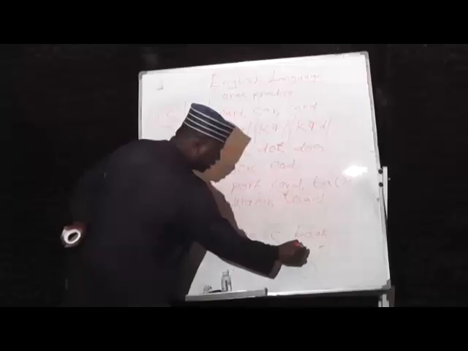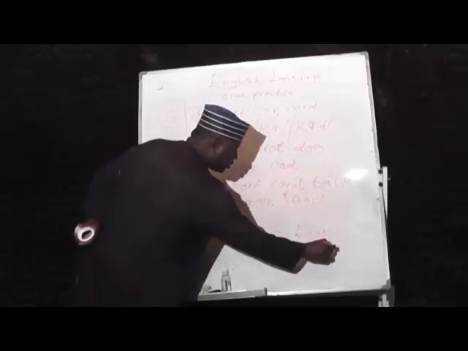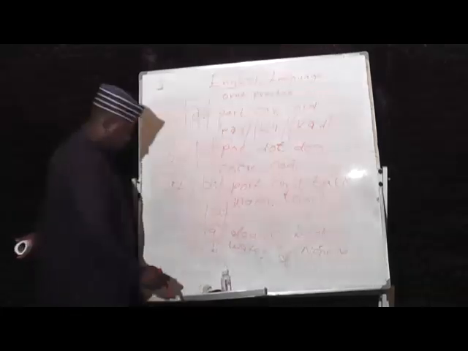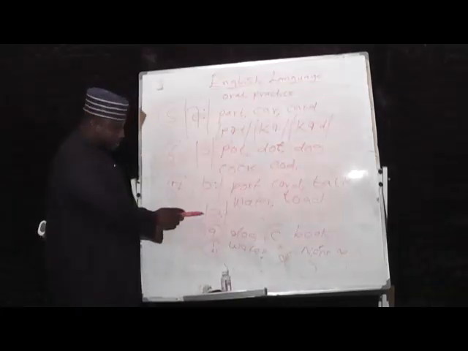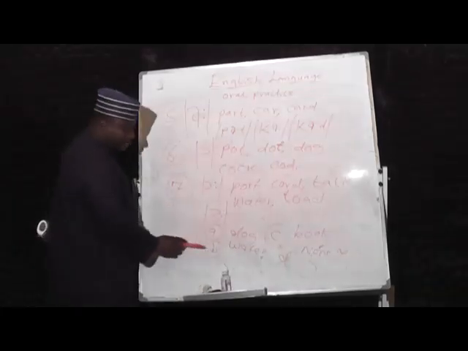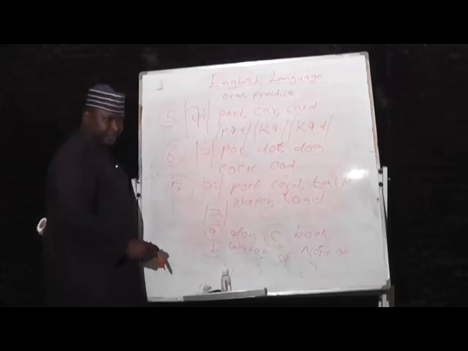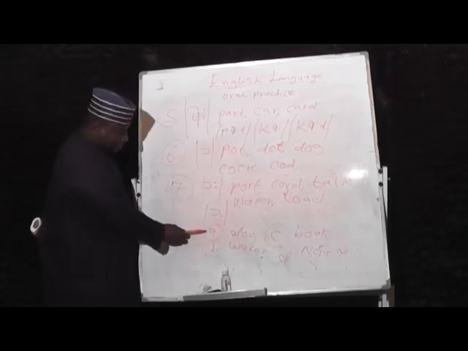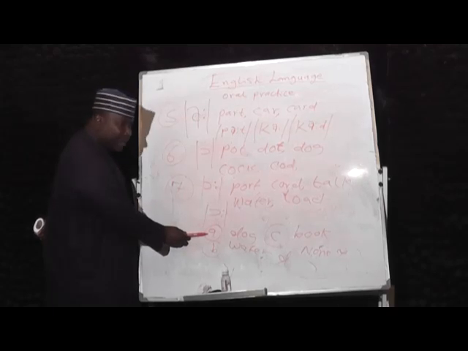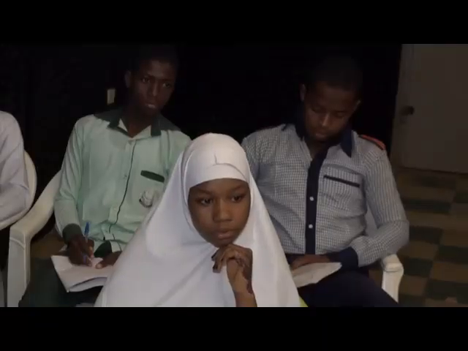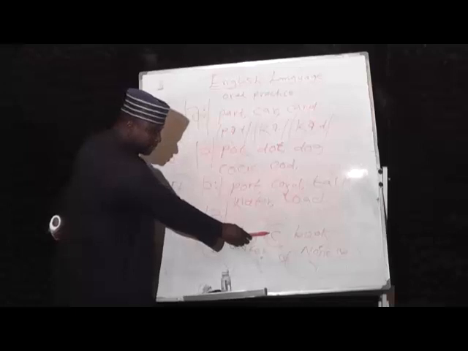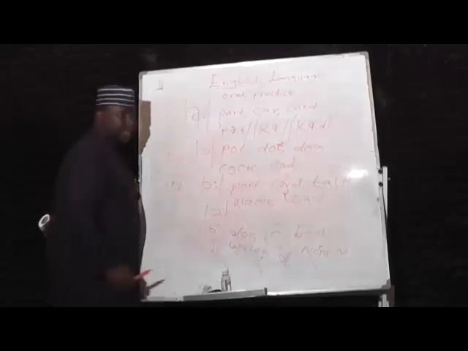D. None of the above. So you are looking for this sound in the following words. Is it A? No. Say it louder. Is it A? No. Is it B? Yes. Is it C? No. Is it D? No. Good.